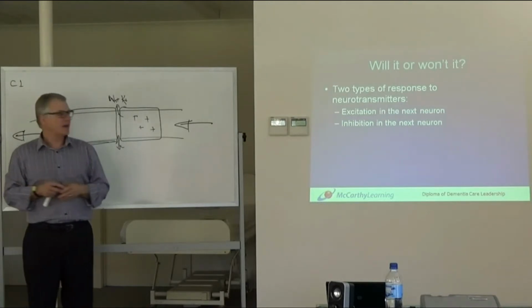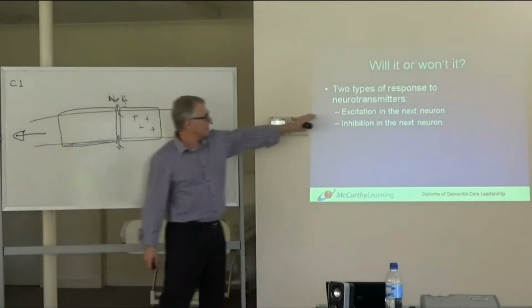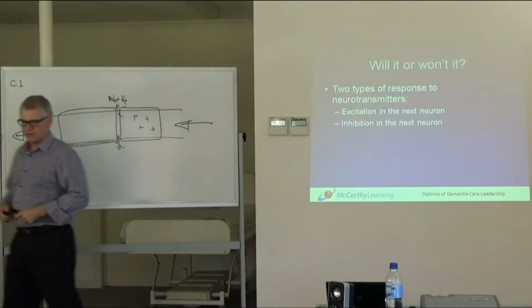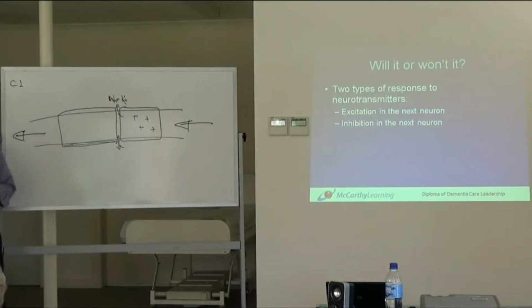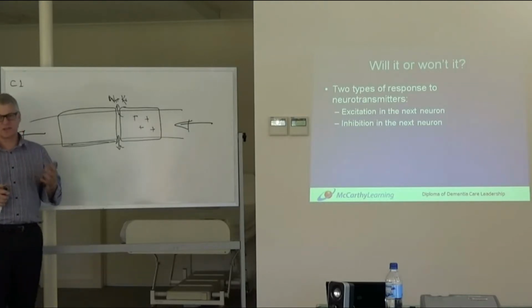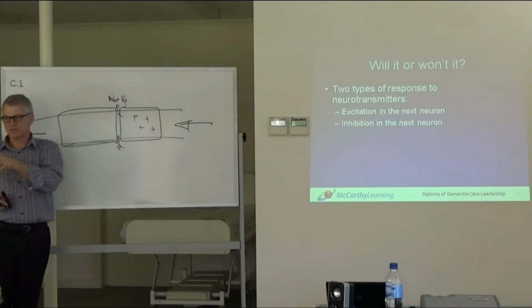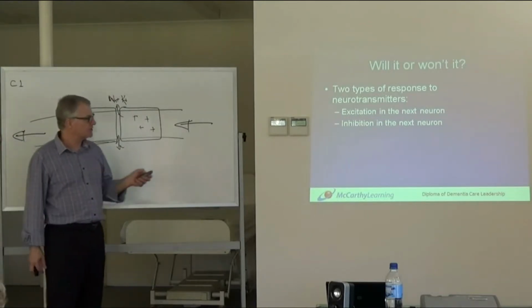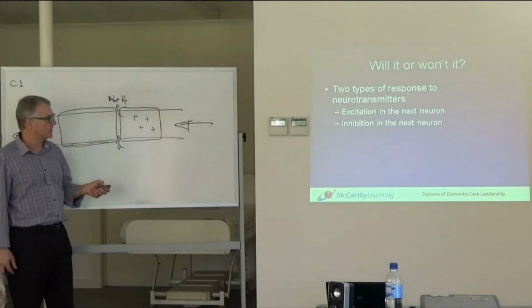So it will be either excitatory or inhibitory, depending on the type of receptor that the neurotransmitter lands on. Does that make sense? So it will either close the door and decrease the chance of the next neuron firing, or it will land on the next neuron and stimulate it to fire. So some receptors are excitatory and some are inhibitory.